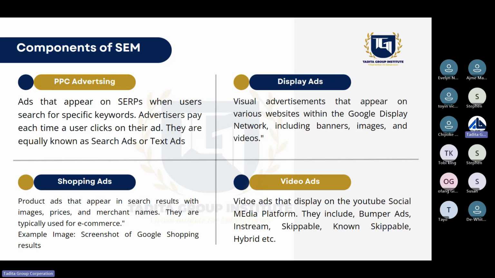Which means that if I do a search online and your website appears, if I don't click on the link on that ad which you've created and visit your website, you will not pay any money to Google. So Google will not charge you because no one has clicked on that ad. But immediately I click on the ad, that is when Google will charge you for that one click. That's why we call it PPC or pay per click.